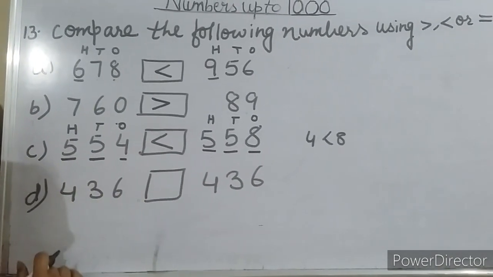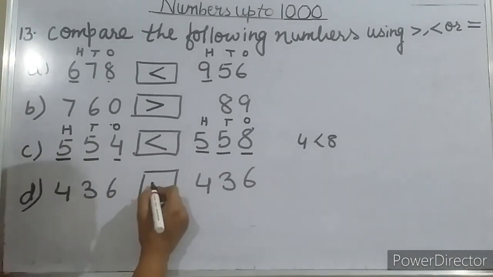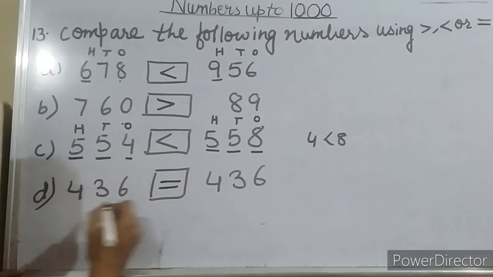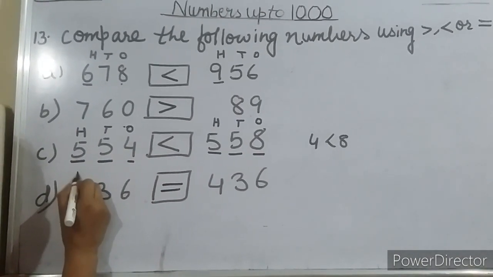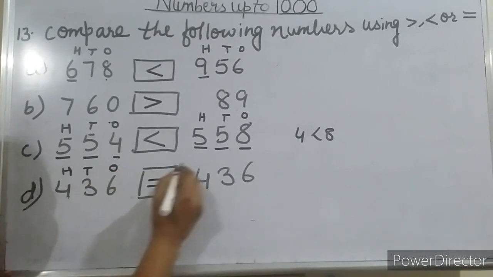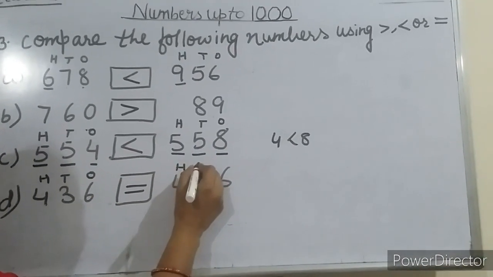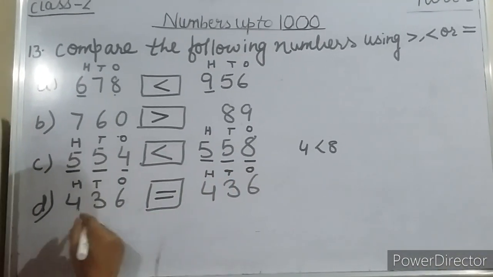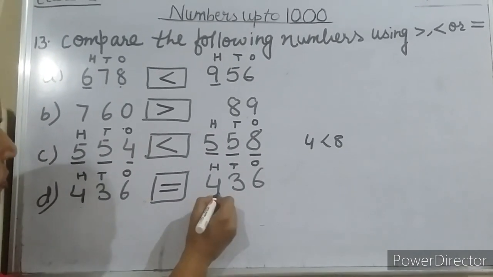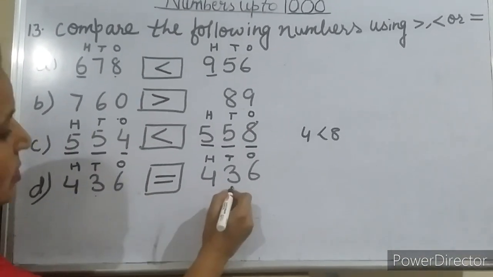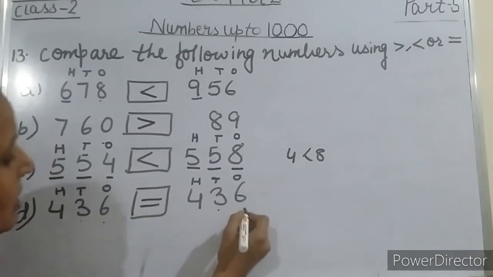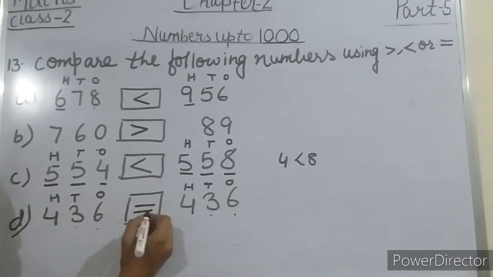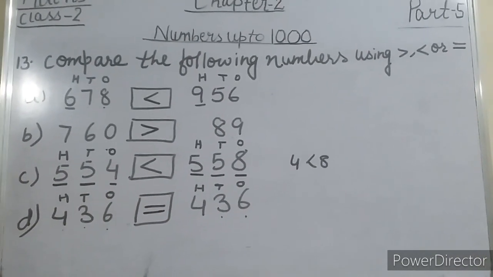So which sign will be applicable here? Very good. Equals to sign. Because see, at the hundreds place, tens place and ones place, all the digits are the same. See, 400, here also 400, here 3 tens, here also 3 tens, 6 ones, here also 6 ones. So we will get the equal to sign.